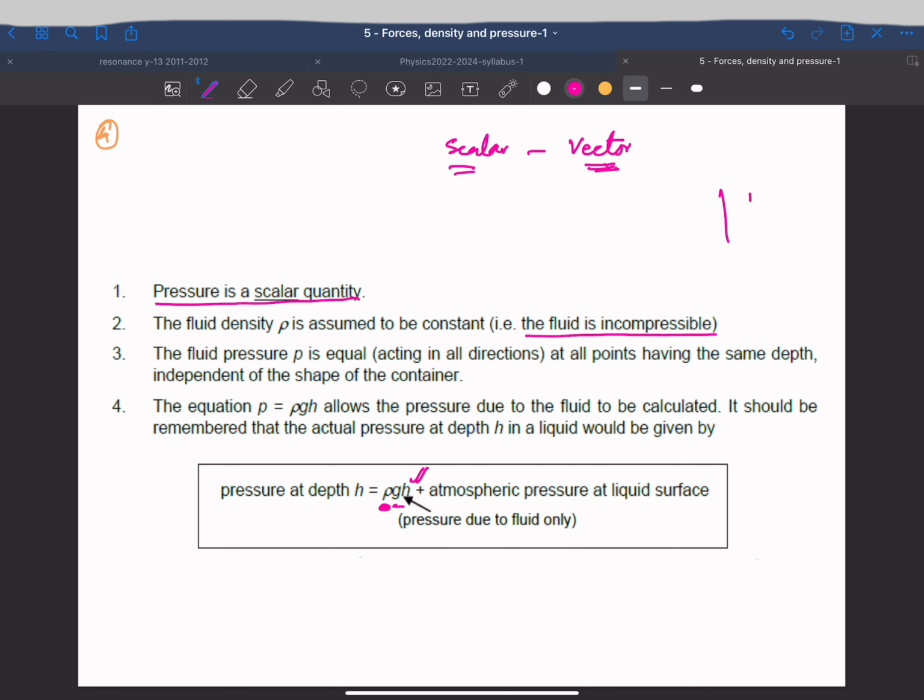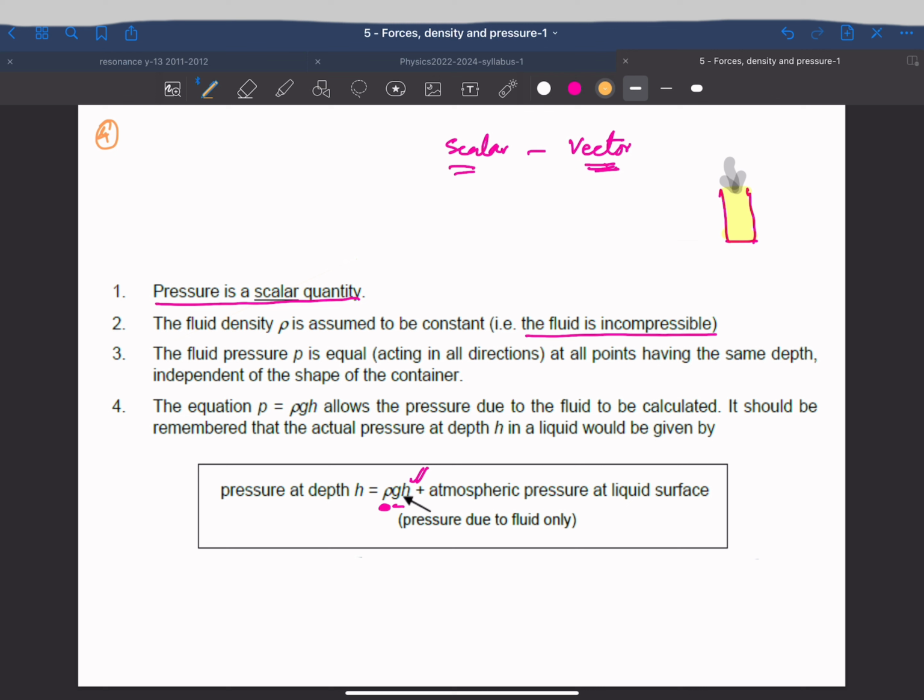If you have a glass of water, suppose up to this level you have water and you put some pressure somewhere here, you cannot compress this water. This is very very important. Because of that, the water has a particular density.